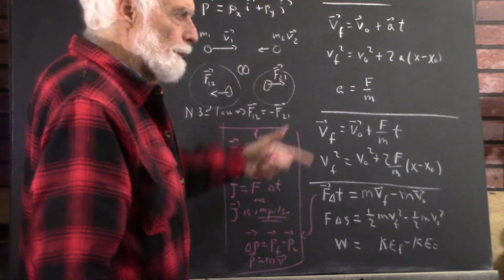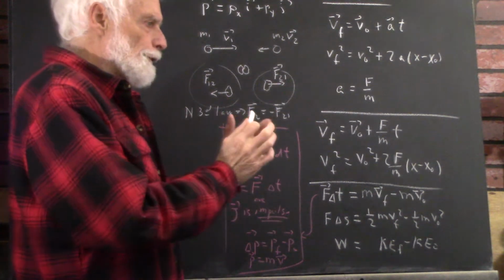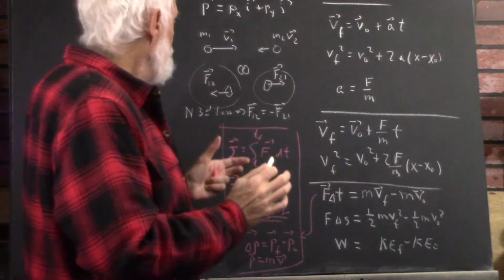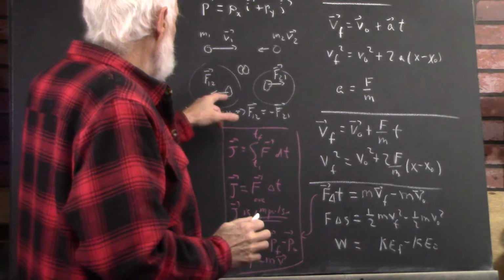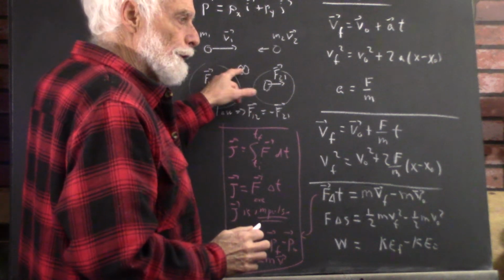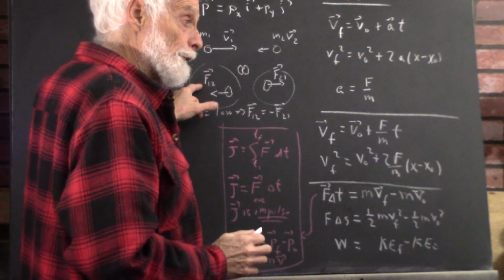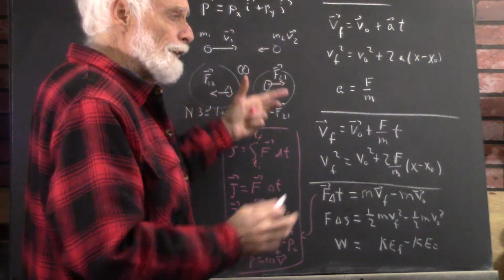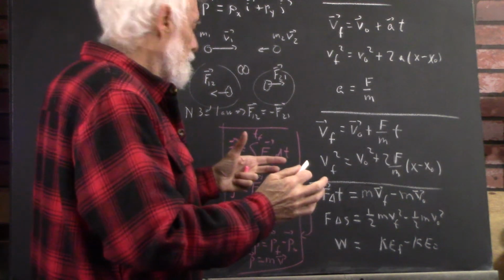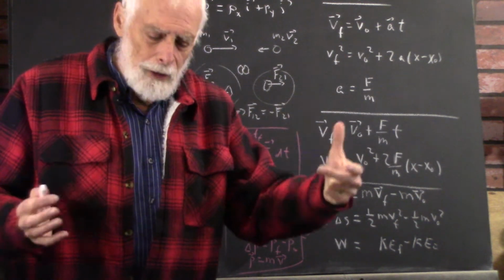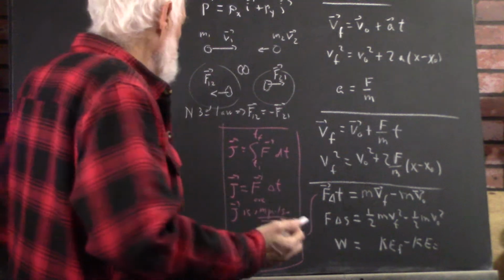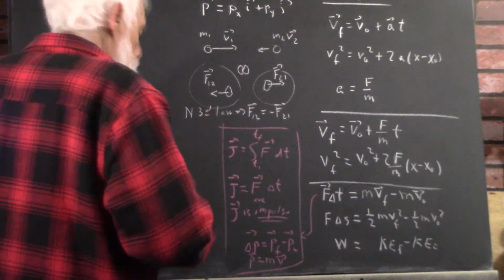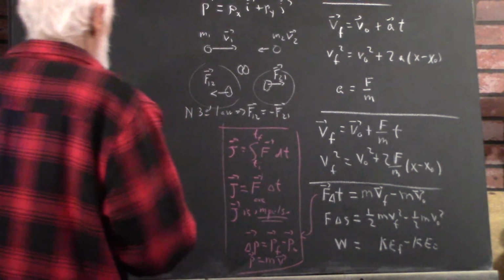Since the forces are equal and opposite, and since the forces act for exactly the same time, while this particle is exerting a force on this one, this force acts. And while this particle is exerting a force on this one, this force acts. It's an action-reaction pair. It lasts for exactly the same length of time, for exactly the same interval of time.